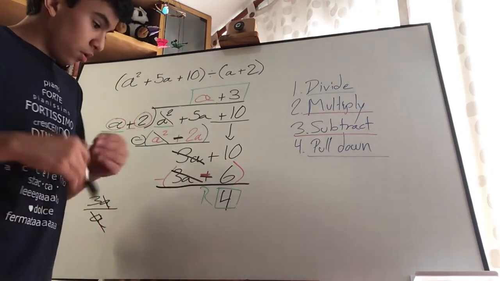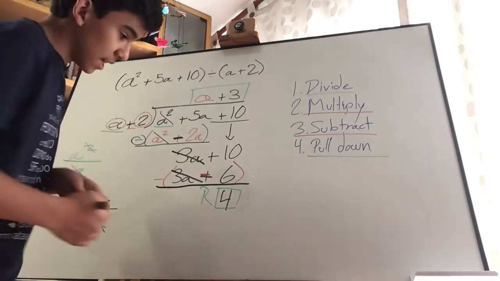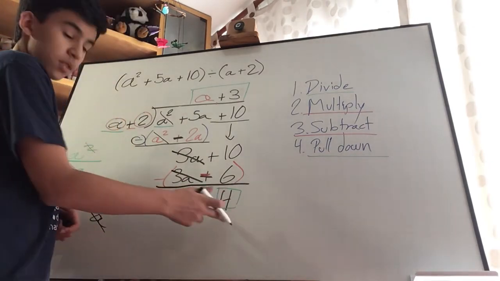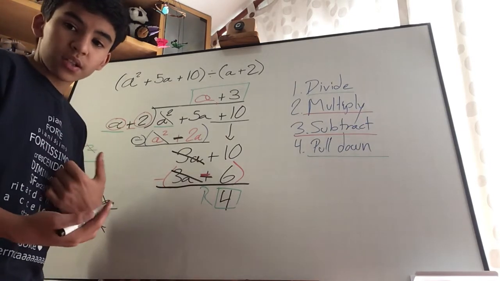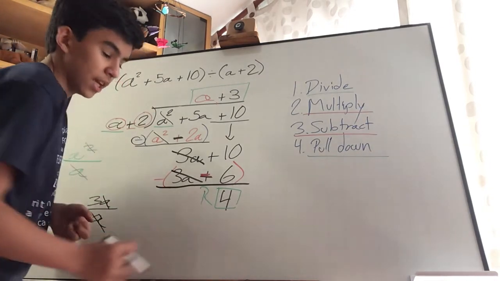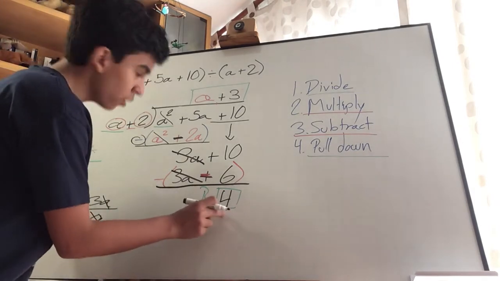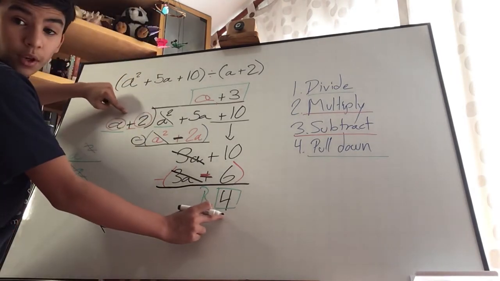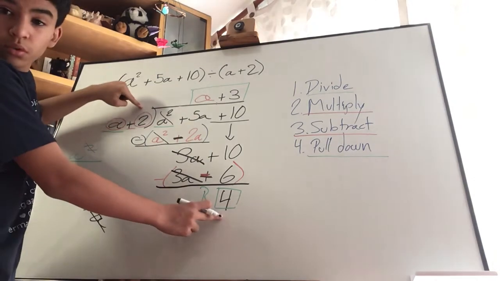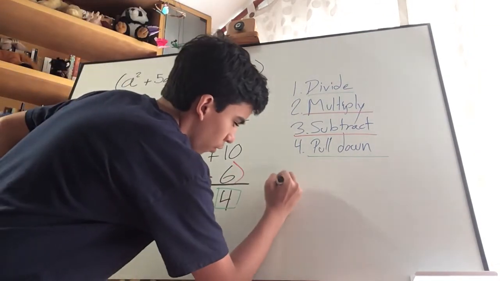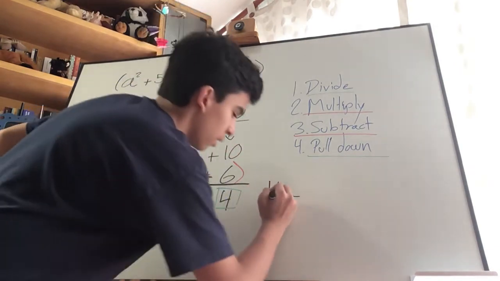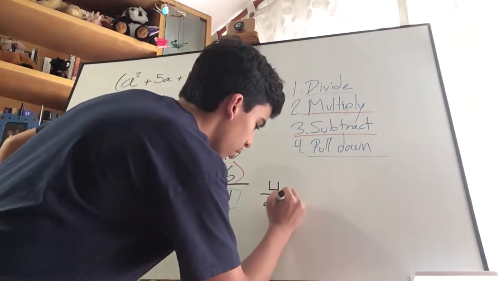So what you're going to do is take this remainder over here and put it as a fraction. Why as a fraction? Because what we're doing here is dividing 4 by a plus 2. So we are going to rewrite it as 4 divided by a plus 2.